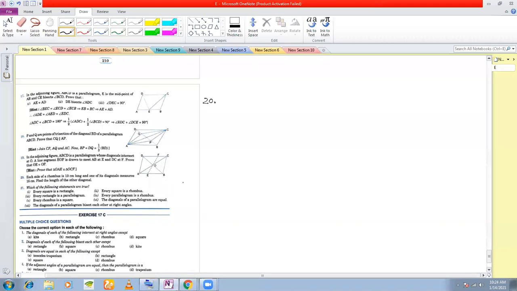What is a rhombus? A parallelogram in which all sides are equal is called a rhombus. The diagram is not given, so we'll draw the diagram. So ABCD is a rhombus, all sides equal.